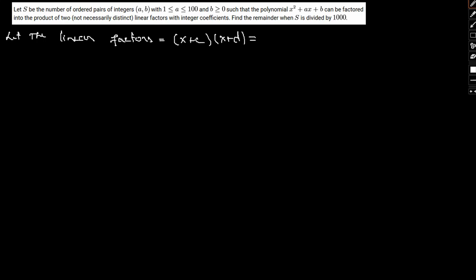We are assuming that x squared would give us this particular term, and c and d are the two roots. Therefore we can see a will be the sum of roots, that is c plus d, and b will be the product of roots, that is c into d. So I hope this is clear.